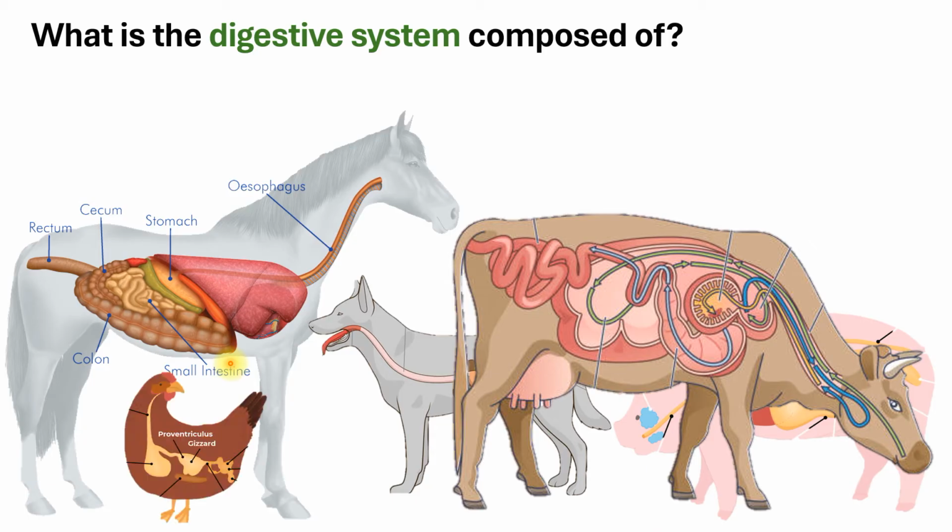Then, of course, we have our avian species, which again would have a different type of stomach, which is more catered to eating grains and seeds of plants. Although some avian species are also carnivorous, so within this species, there are still a lot of species differences. Okay?